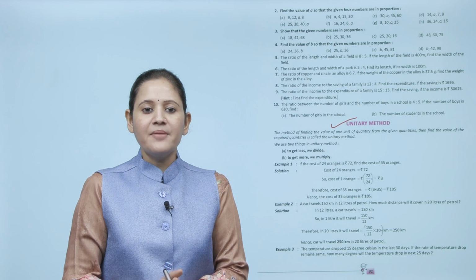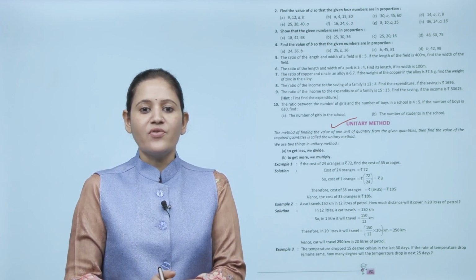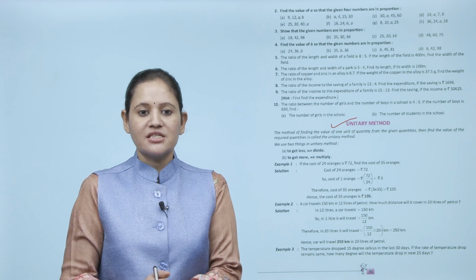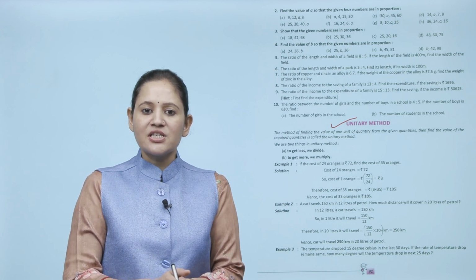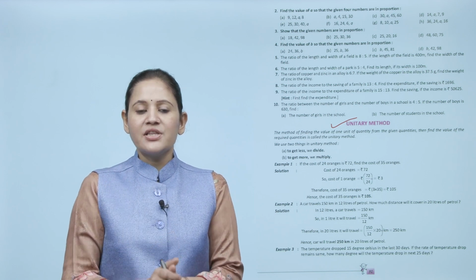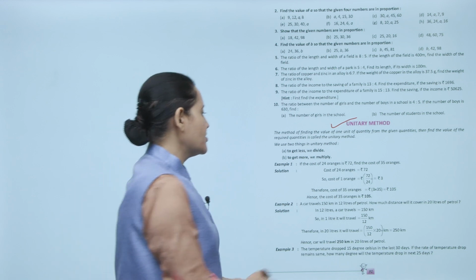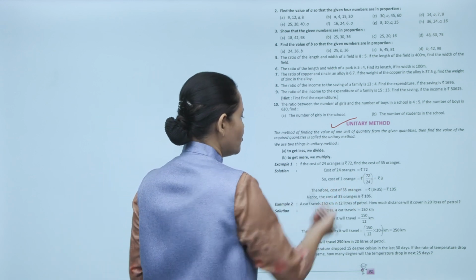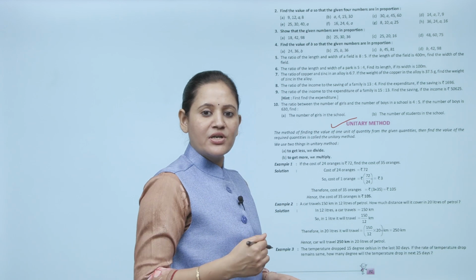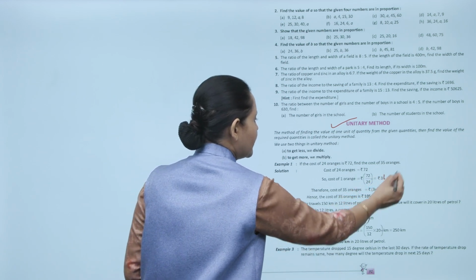We'll take an example. If the cost of 25 oranges is rupees 72, find the cost of 35 oranges. 25 oranges की cost given है and we have to find out the cost of 35 oranges. For that, first we have to find the cost of one orange. So the cost of 25 oranges is 72 rupees. So what will be the cost of one orange? 72 divided by 24, that is rupees 3.